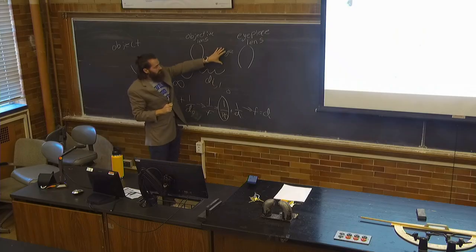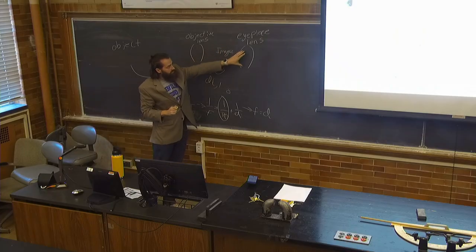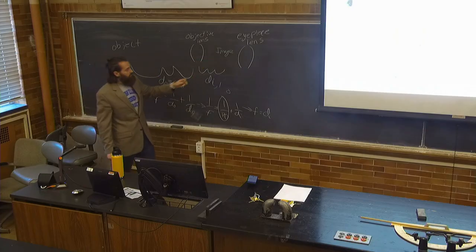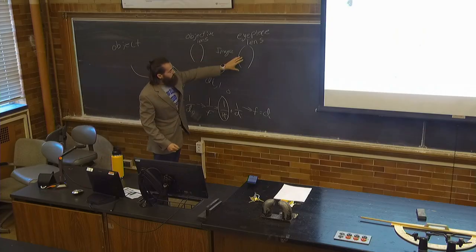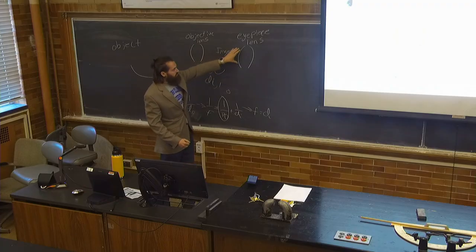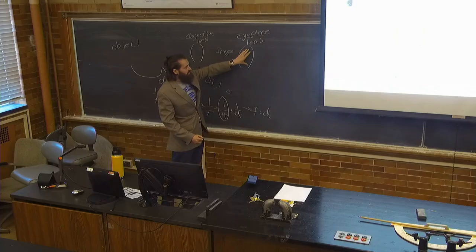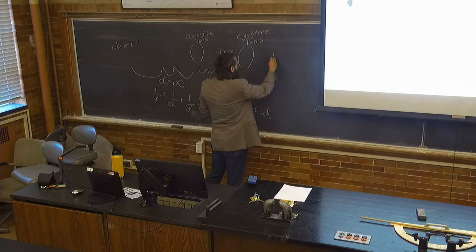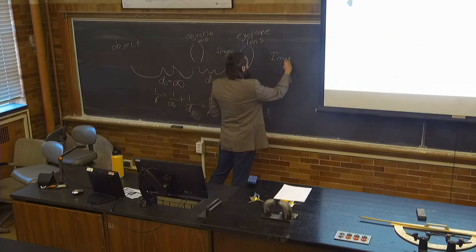Now we just have light from something hitting our eyepiece lens, and then we do the process again. So now for the eyepiece lens, my image is going to be my new object. That object is going to put light through the eyepiece lens, and then the light will be manipulated by the properties of the lens, and then it will make another image on the other side. So you could call this image 2.